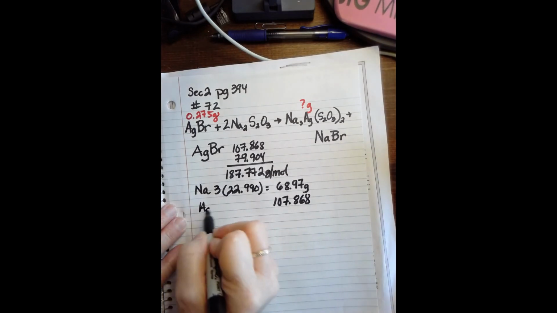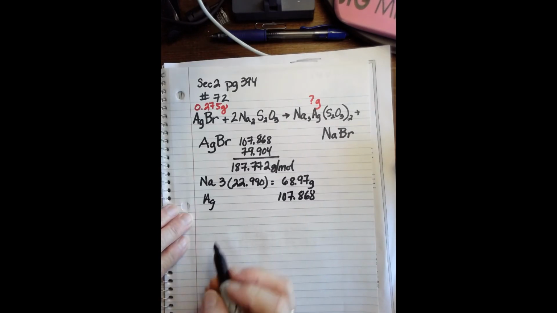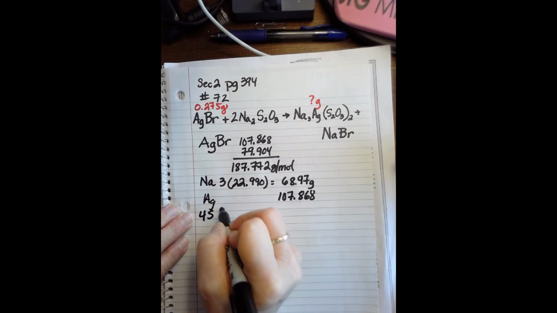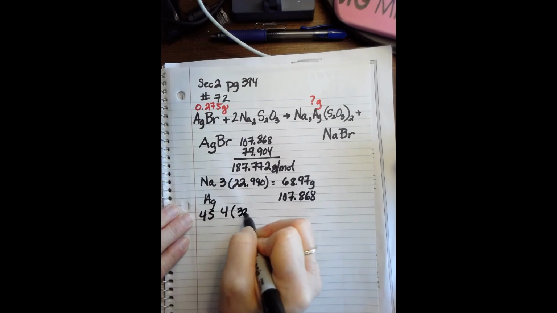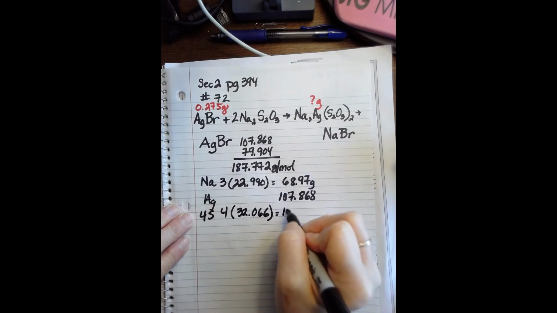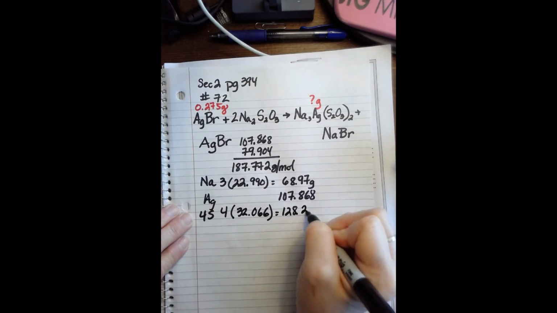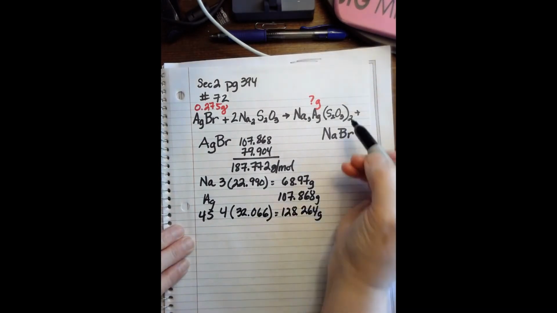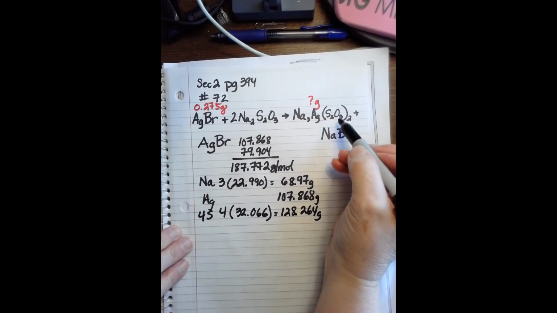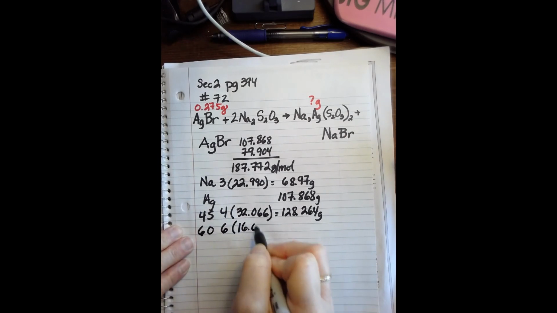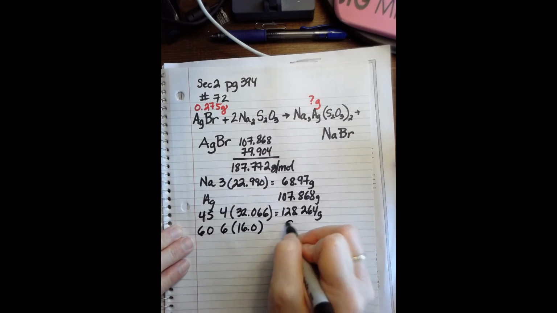Sorry, left out the g. And then we have 4 sulfur. So that's going to be 4 times 32.066. So that equals 128.264 grams. And then we have 2 times 3 is 6 oxygens. That'll be 6 times 16, and that is 96 grams for the oxygen.